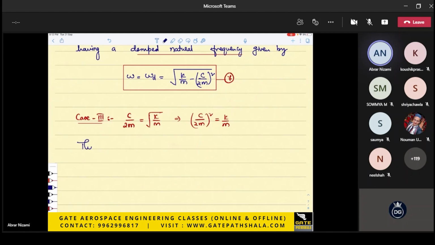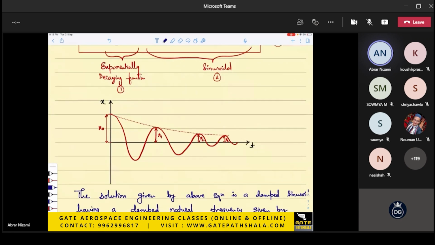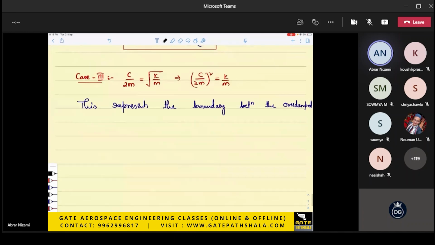Right. This represents the boundary between the overdamped system. Beside this, you write underdamped system. Hope you wrote that. Right.